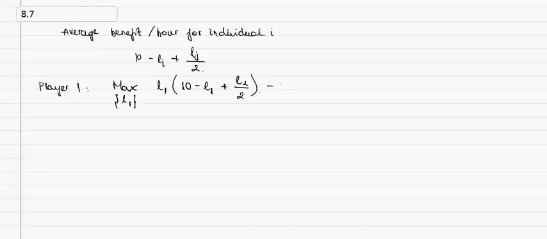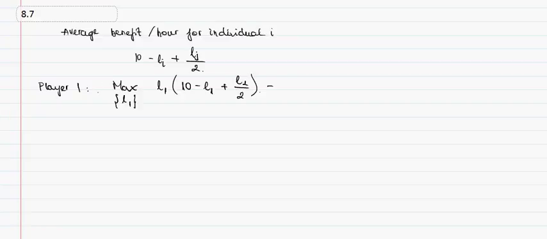Now for the total cost for player 1, the question tells you that player 1's opportunity cost is either 3 or 5. So we have two cases, where player 1 can have either a low cost or a high cost. There are two types of player 1: one with a lower cost, and another with a higher cost.